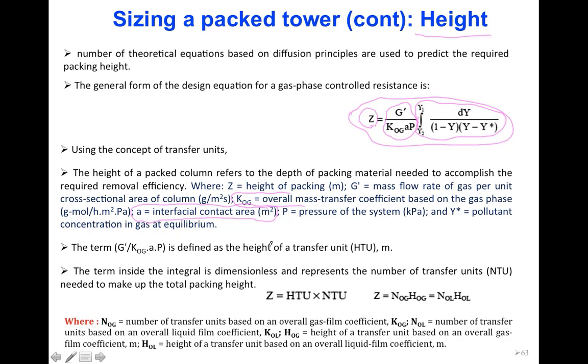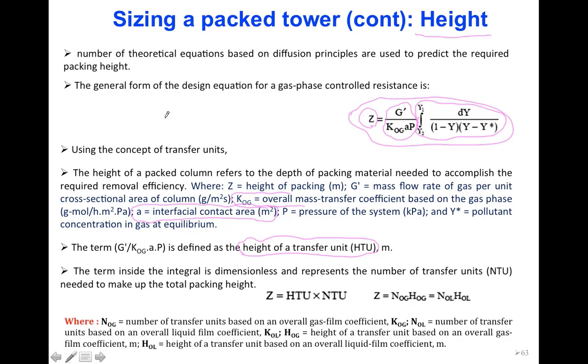So this term is called the height of a transfer unit. If you remember, in a distillation column, a plate column, we have plates. In a packed column, we have packing.